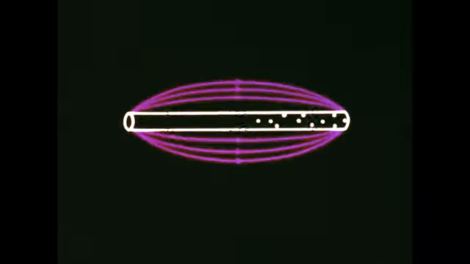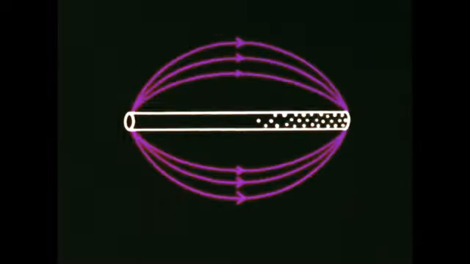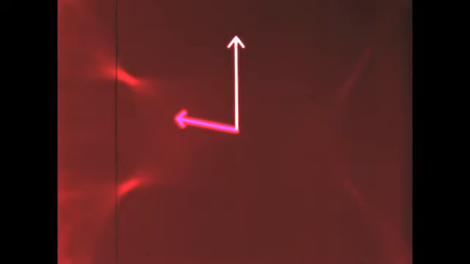This immediate field produces the radiating wave pattern. From the antenna, we can visualize the radiation as a series of grids propagating outwards. The vertical lines are the H component, and the horizontal lines the E component. Notice that the lines are at right angles to each other, that is, in space quadrature.